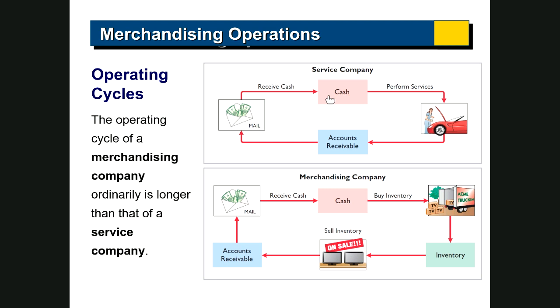The operating cycle for merchandising companies is usually longer than for service companies. The merchandising companies have a longer operating cycle than the service companies because you have to buy the inventory and wait.